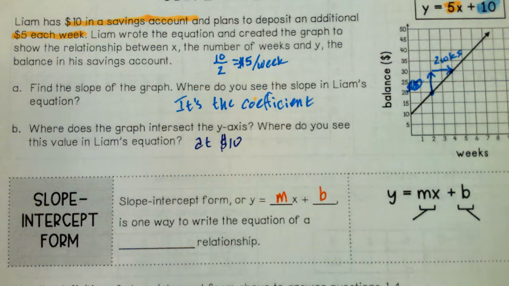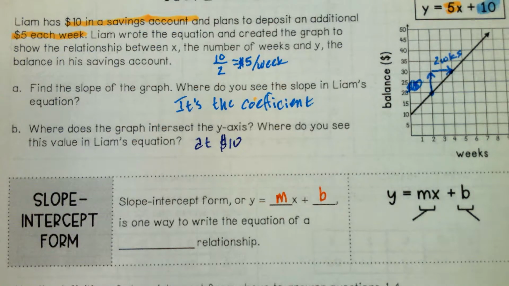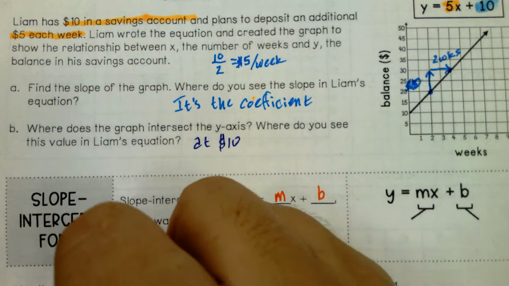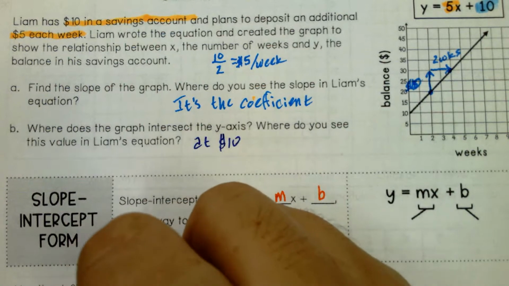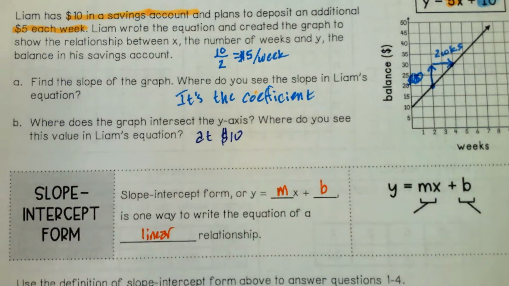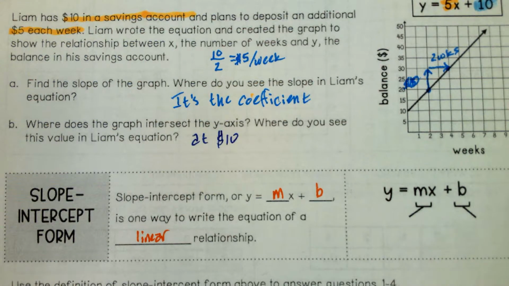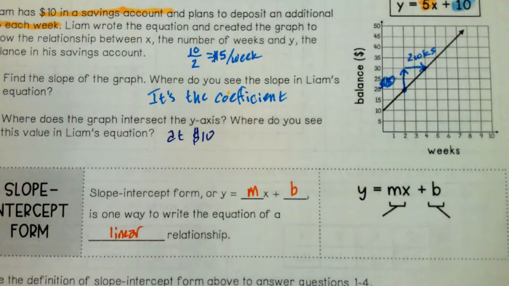It is one way to write an equation of a linear relationship. It's the most common way. So if we have an equation that graphs a line, basically a linear function, then hopefully we can write it this way because it's the most useful way to do that.